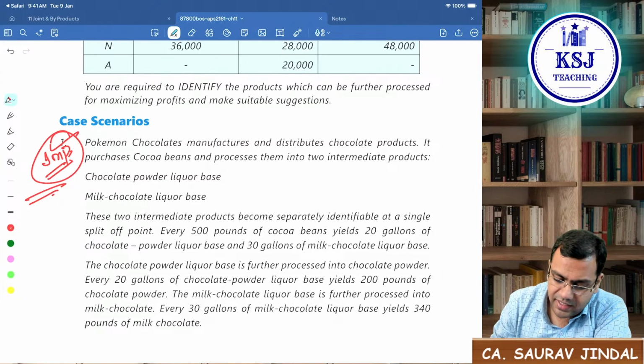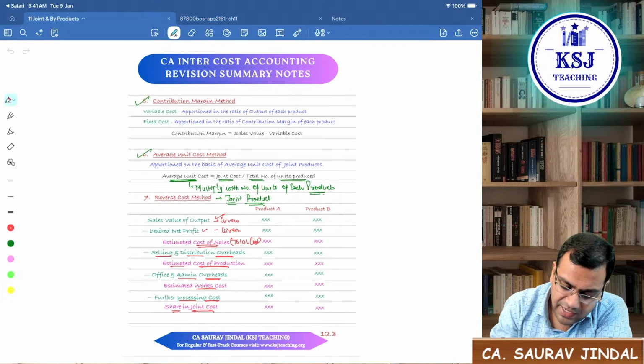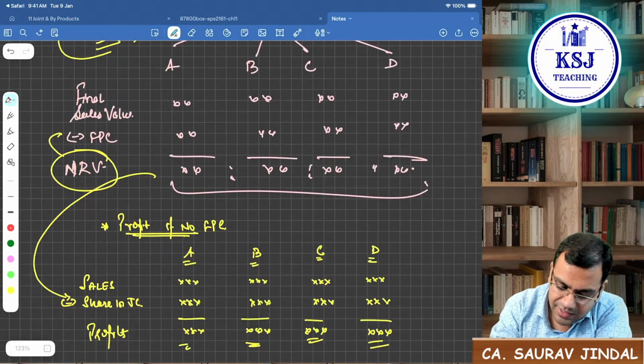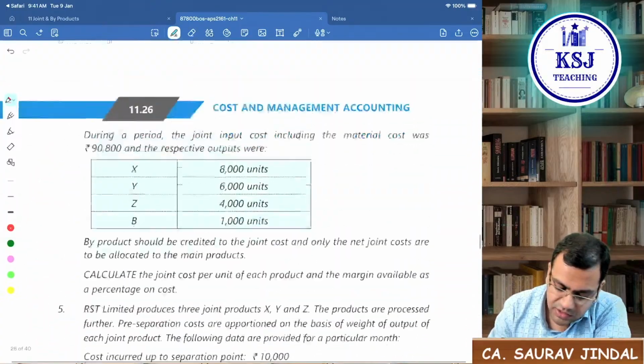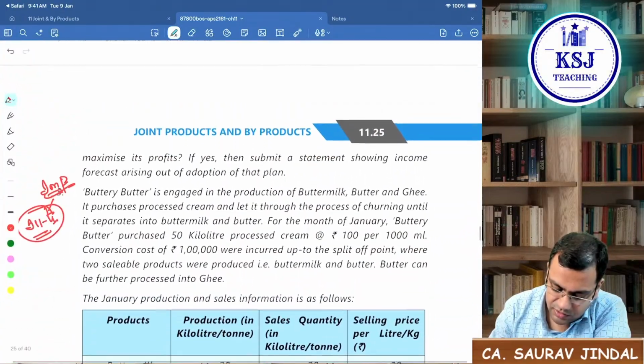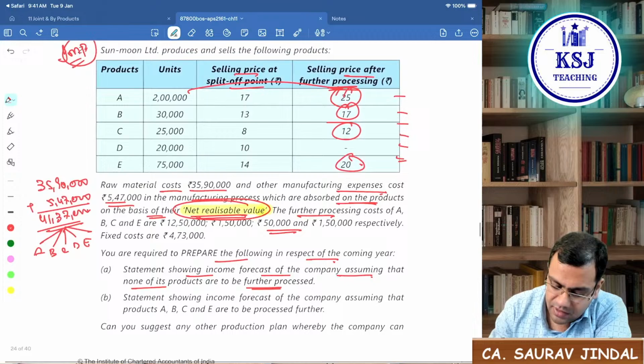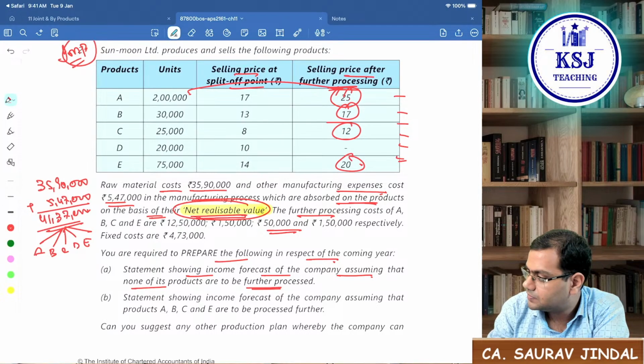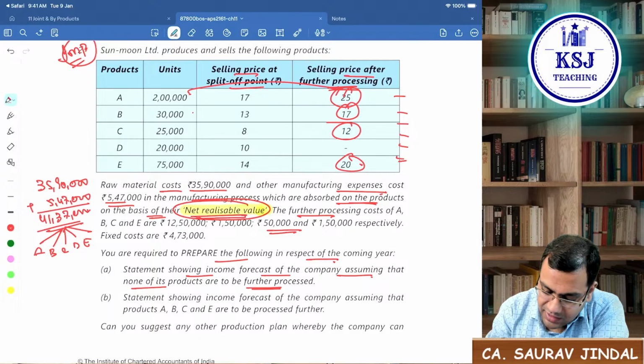NRV is calculated, that is what I was saying. NRV is to be calculated from this final sales value. In this question, if you want to see how the NRV is being calculated, NRV means this final sales value: 2 lakh into 25, 30,000 into 17, 25,000 into 12, 20,000 into 10.